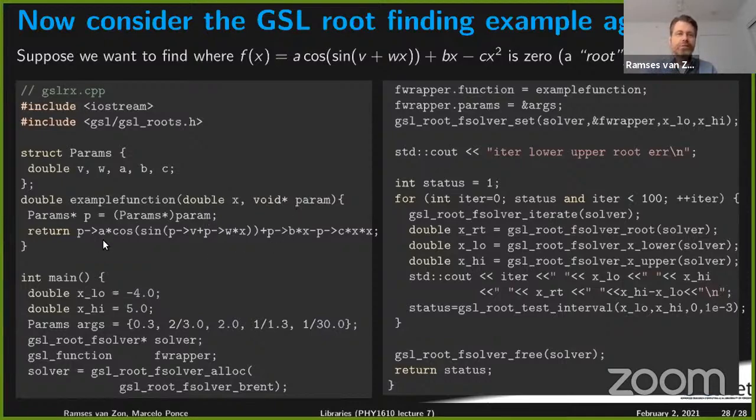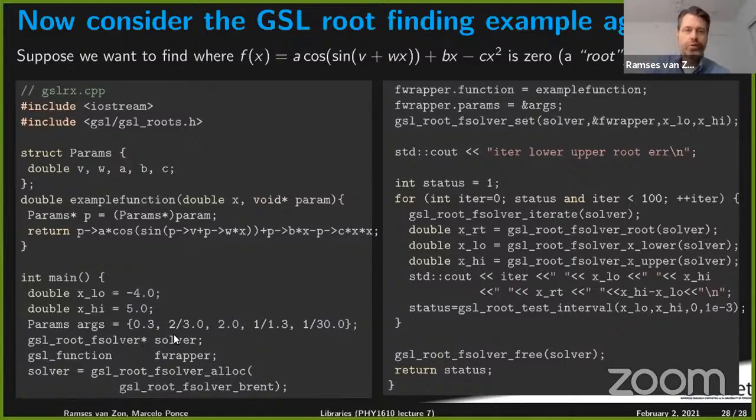Okay, so that's my function. Then the int main defines my lower limit initially and the upper limit. I define the parameters here. Then I have to do two things. I have to decide what solver I want to use. In GSL, there's this generic solver type called gsl_root_fsolver, and we're going to need one of those.